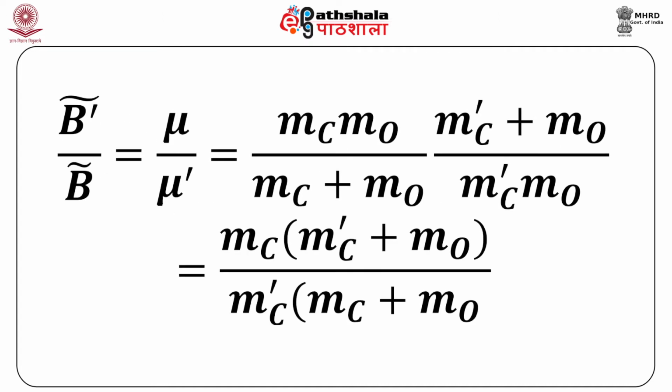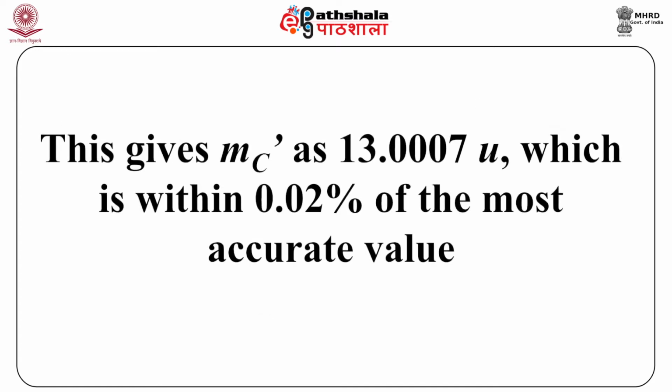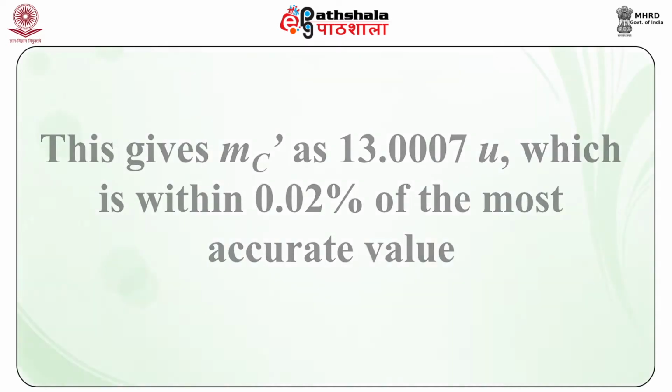Now, you substitute the values of B bar and B prime that were given to you, and you expand this equation, and you can put in all the values of the masses. Since everything except the mass of carbon 13 is known, you can find out the mass of carbon 13. It turns out to be 13.0007 u, which is within 0.02% of the most accurate value which has been determined now.